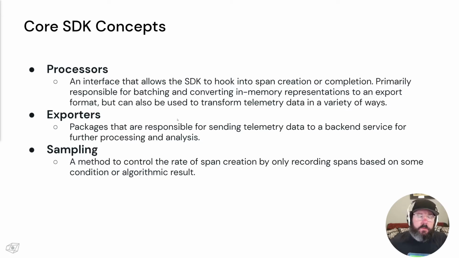There are also several other algorithms that control span creation to have a constant rate of span creation. So, for example, always have 10 spans per minute or 100 spans per minute or 1,000 spans per minute, regardless of traffic level. And they use various algorithms to ensure that rate.